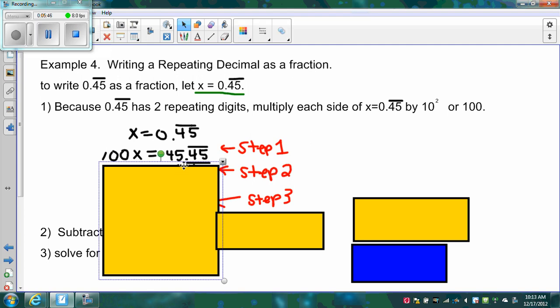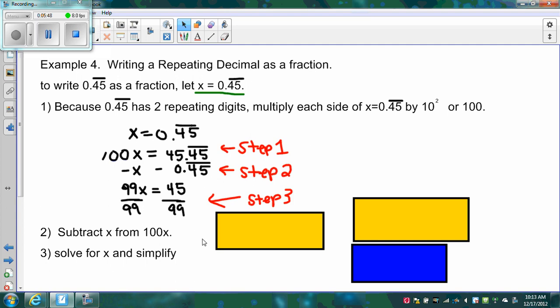Step 2, we're going to subtract x from 100x. So we go back to this original equation here and we're going to subtract it. So the minus x goes on the side with 100x, and the minus 0.45 repeating goes on the other side. So you're left with 99x equals just 45.